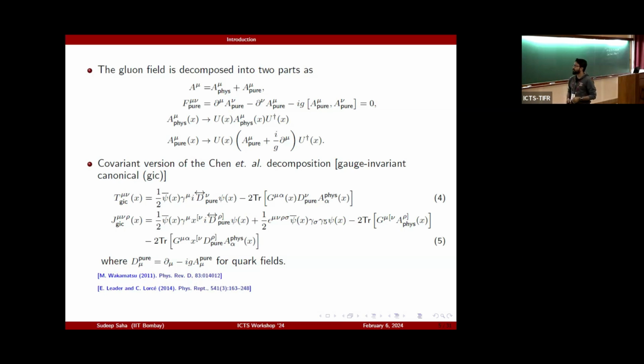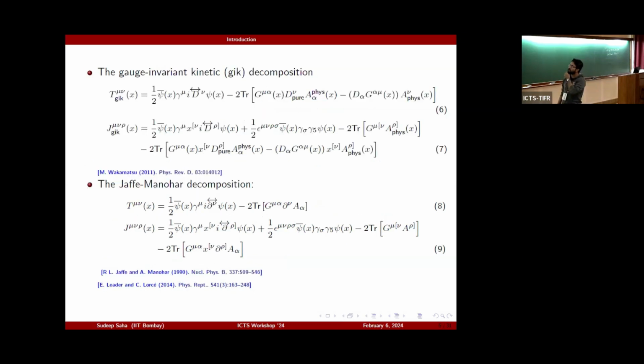decomposition, for which the energy momentum tensor and the generalized angular momentum tensor are shown here. He also provided another decomposition which we call the gauge invariant kinetic decomposition, which is similar to Ji's decomposition, as we will see. These are the corresponding tensors.